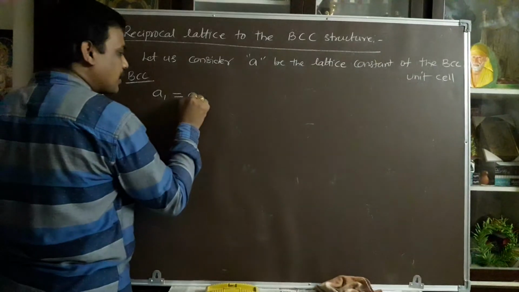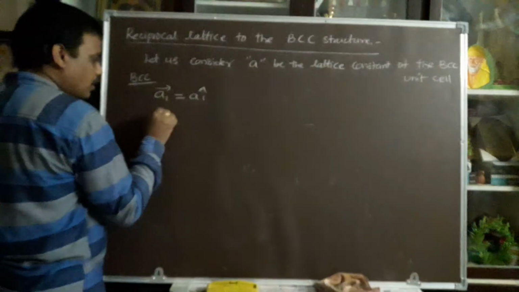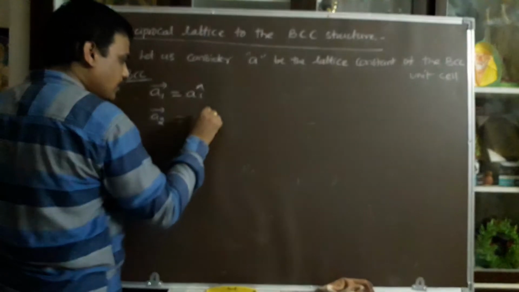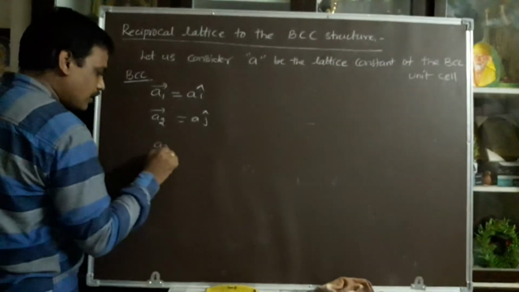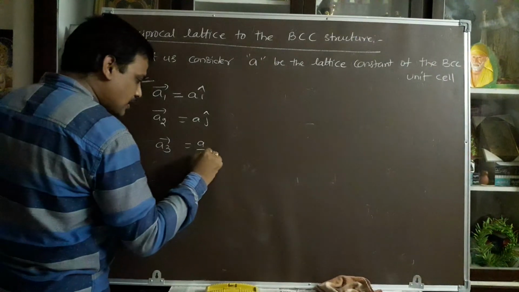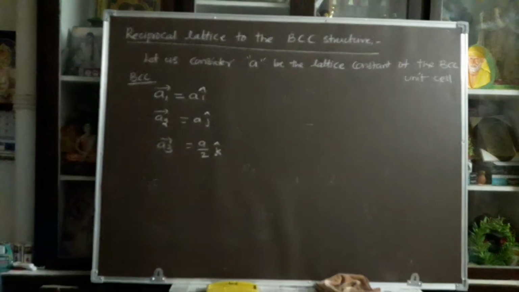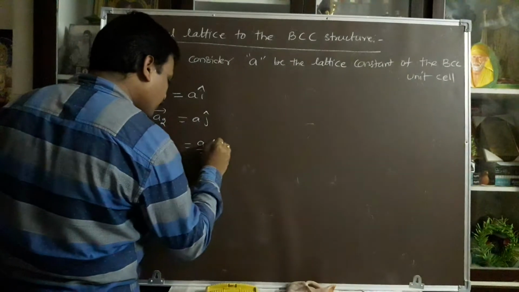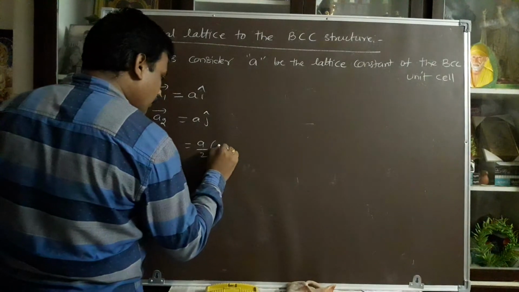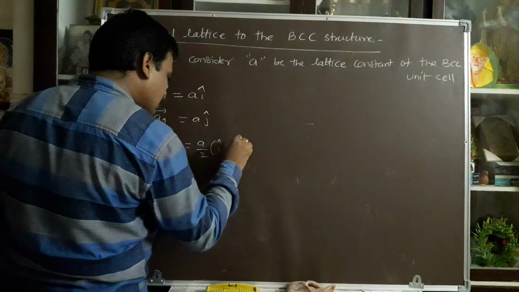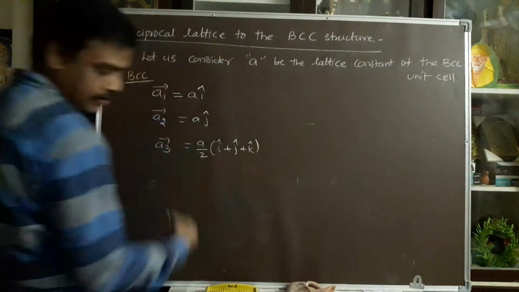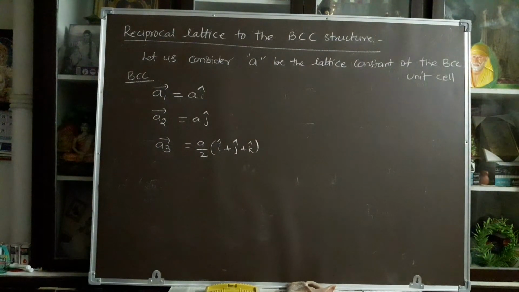A1 can be taken as a into i cap, A2 bar can be taken as a into j cap, and A3 bar can be taken as, from the body centered point of view, a by 2 into i cap plus j cap plus k cap.